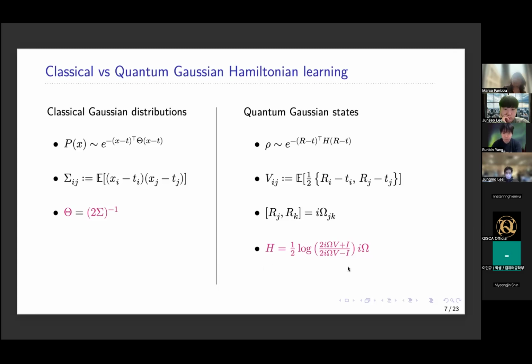Anyway, having an explicit formula also allows us to do matrix perturbation theory to understand how an error in the estimate of the covariance matrix propagates to H.